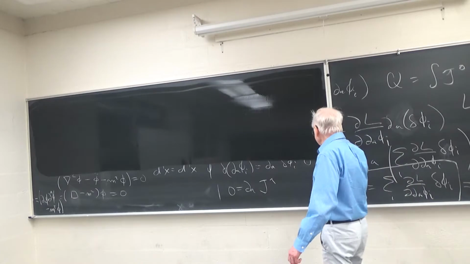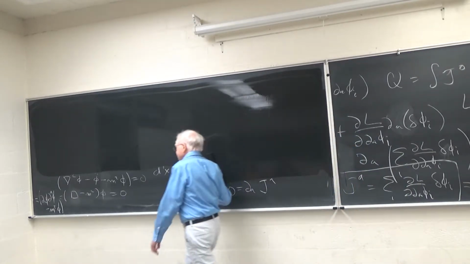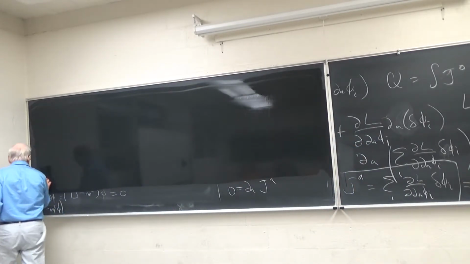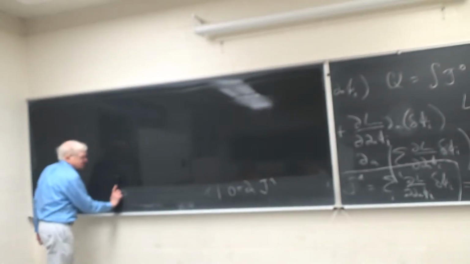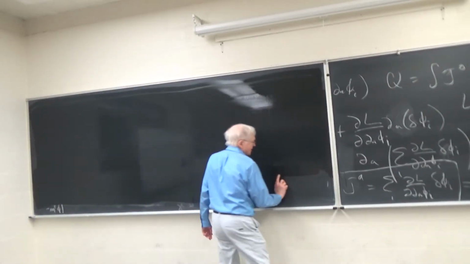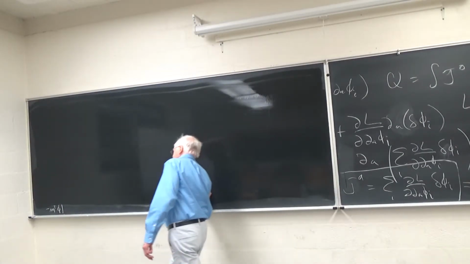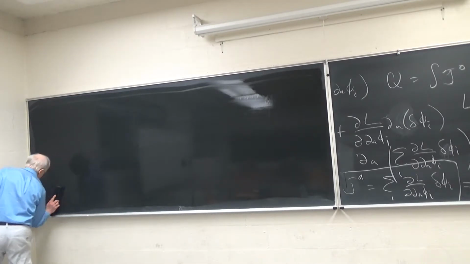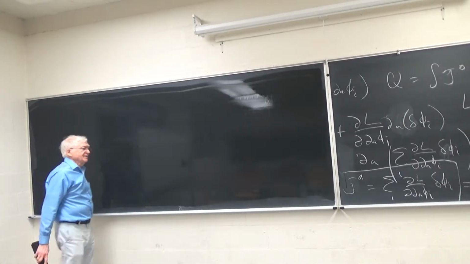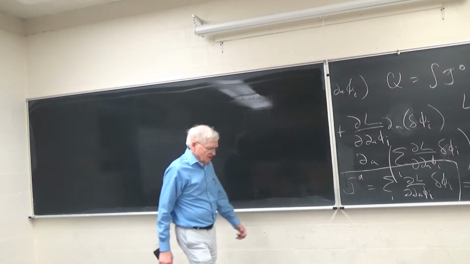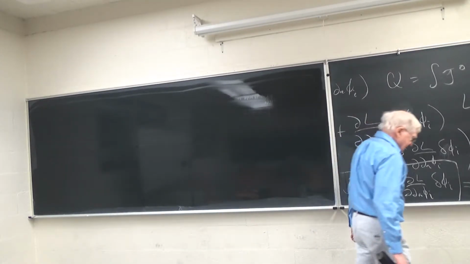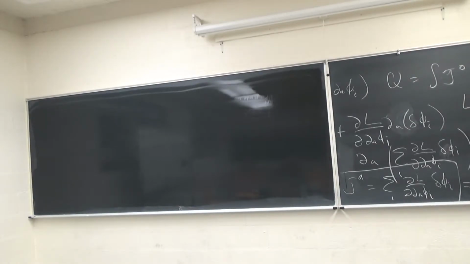Well, it's curious. There are, of course, 6 generators of the Lorentz group, and so you expect 6 conserved quantities, and I'm sure that most students, when they hear that, are somewhat disappointed that 3 of them are angular momentum.